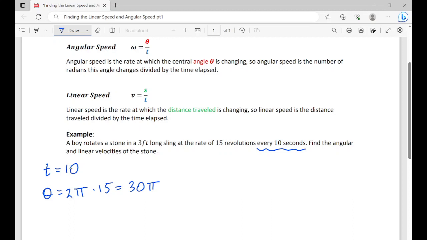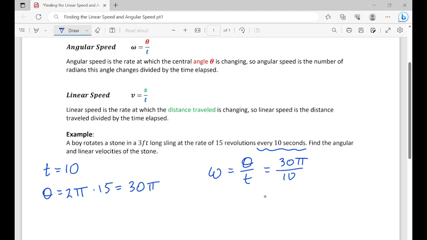So now I have theta, 30 pi, and I know t, 10. So I can now plug it in here to get my angular speed. Omega equals theta over t, and that's going to give me 30 pi over 10.